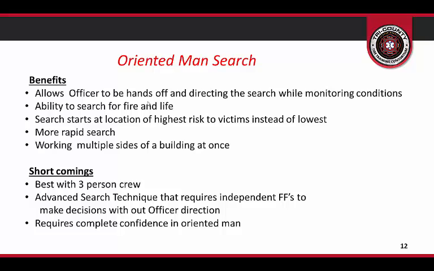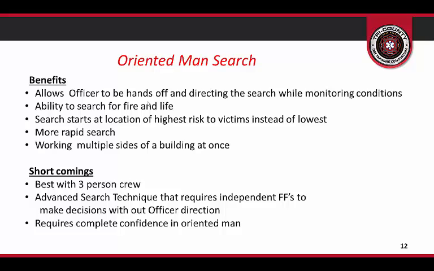So the benefits: it allows our officers to be hands-off, directing the search while monitoring the conditions, being the supervisor, not the worker bee. Ability to search for fire and life, starting the search at the location of the highest risk to our victims instead of the lowest. It's much more rapid once you understand it and know it, and then working multiple sides of a building at one time.